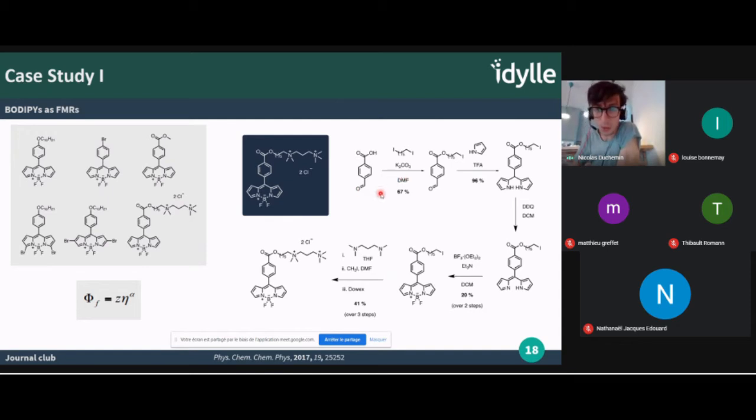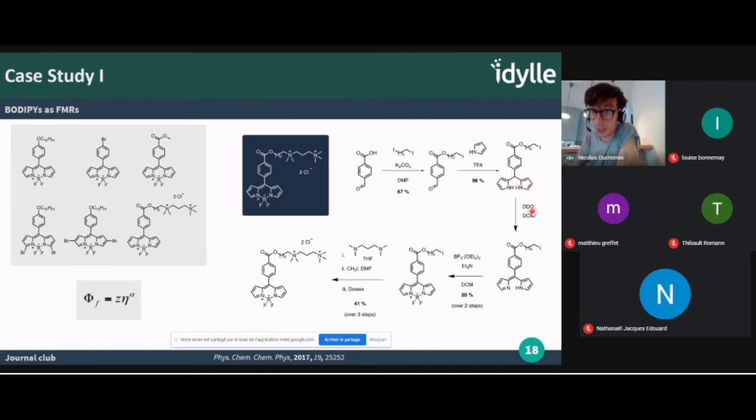So to form these units here, you will do simple alkylation, and here comes the funny part of the BODIPY core formation. You condense the aldehyde on two pyrroles. You form this very nice dipyrrin core.